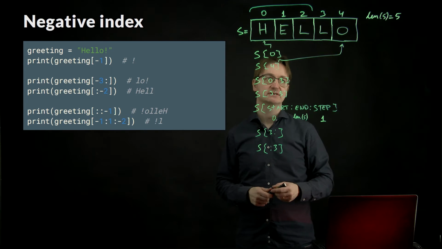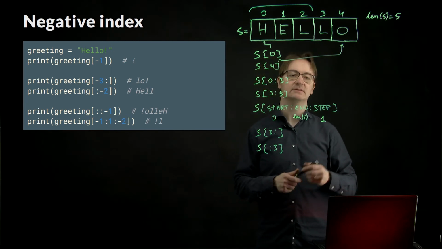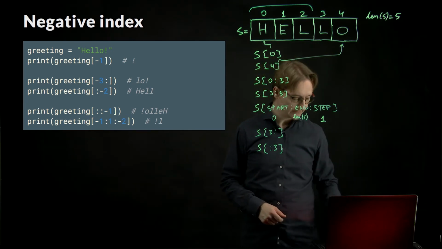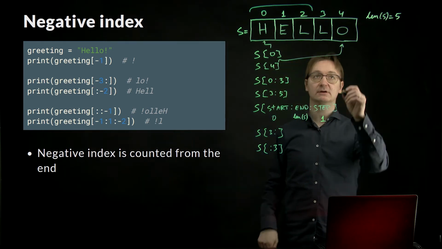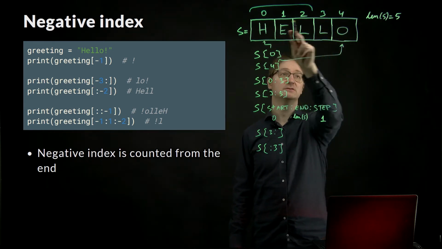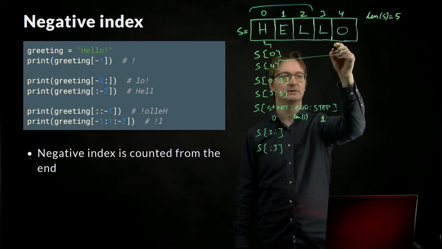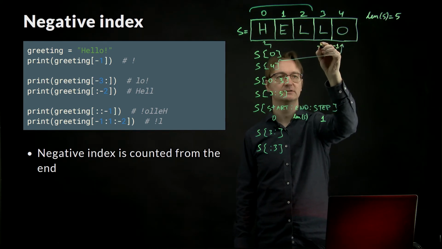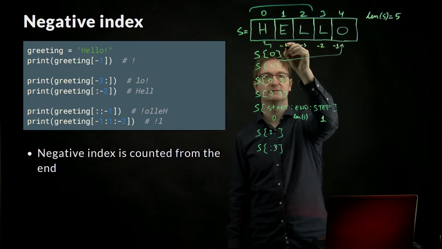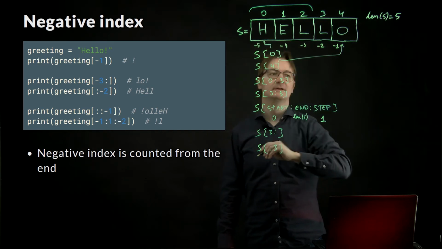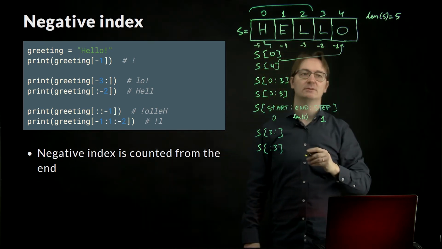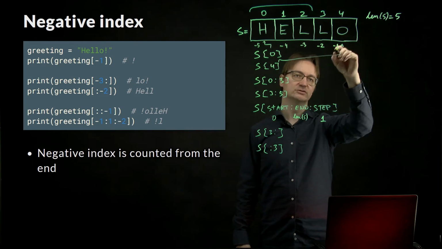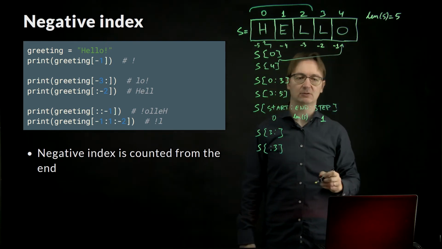With negative indices we can start counting from backwards. In addition to those indices, I could write below here -1, -2, -3, -4, and -5. So basically, I can also use the indices below the string.